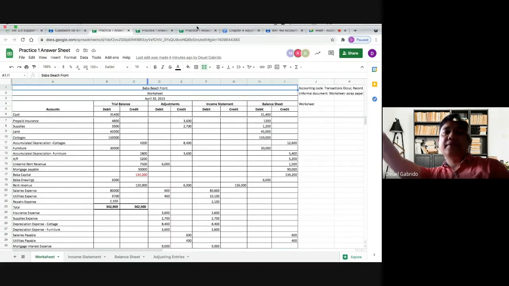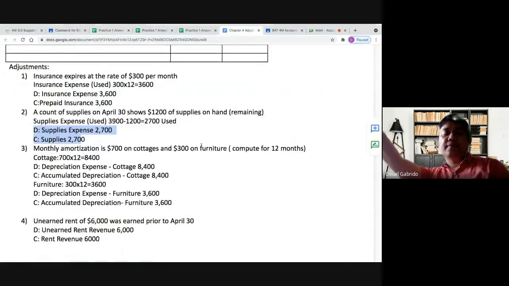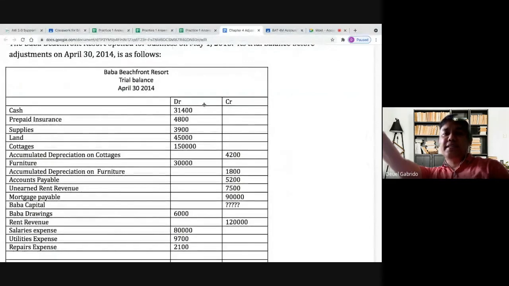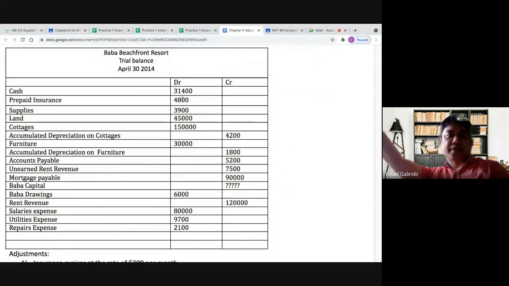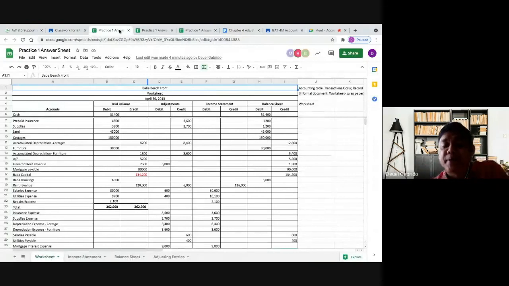Wait, where's the original T account? Where's the exercise? One sec. Okay, here. Remember, these numbers are not adjusted, especially the prepaid rent and the supplies. The reason why we adjust is to bring them to the correct number, right? That's the purpose of adjustment.